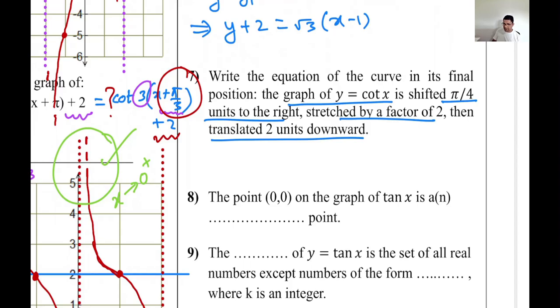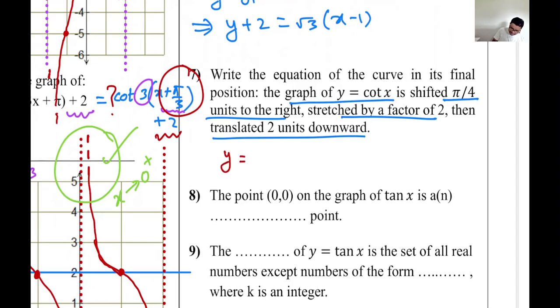Shifted to the right, so that will make it cot of x minus pi over 4, stretched by a factor of 2, and then translated 2 units down.